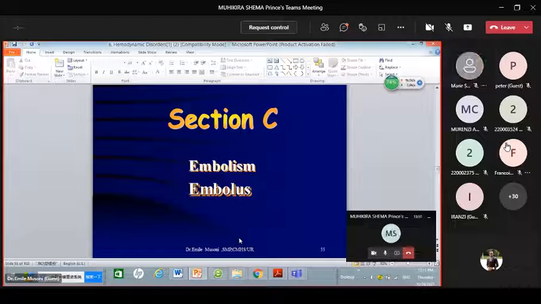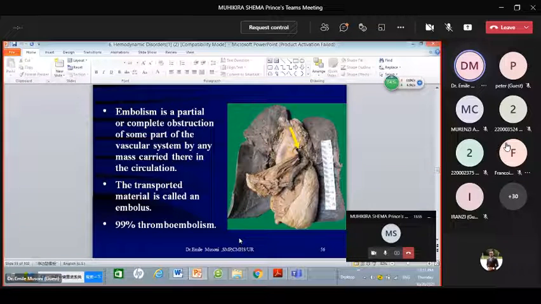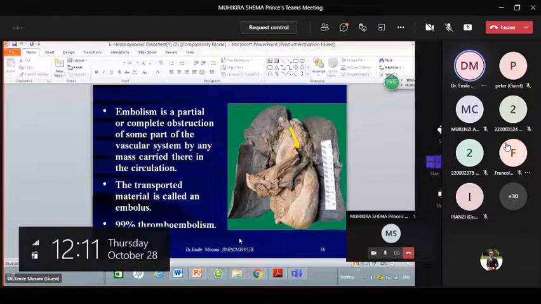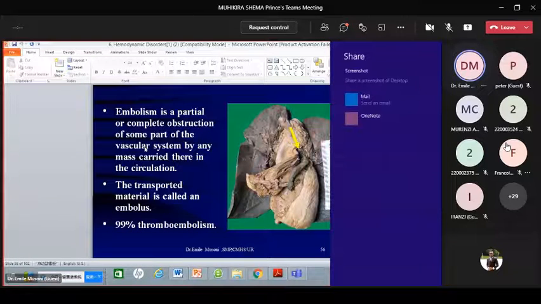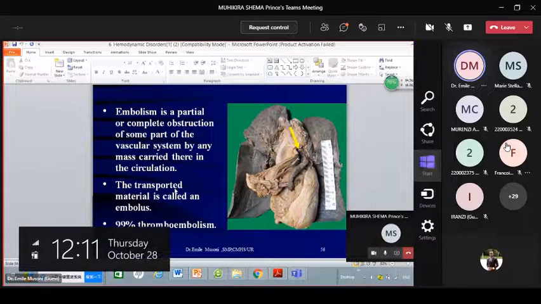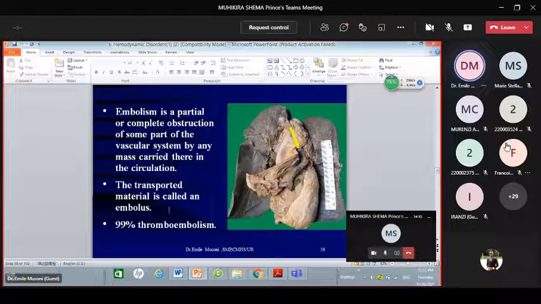So section C is embolism or embolus. Embolism is partial or complete obstruction of some part of the vascular system by any mass carried there in the circulation. The transported material is called embolus.